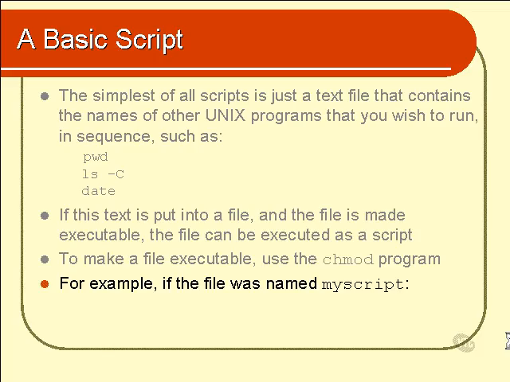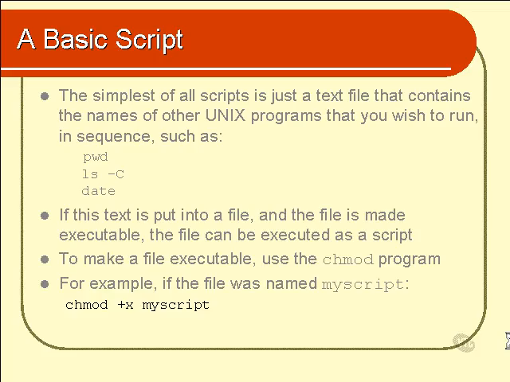This is how you do it. Let's say your script was called MyScript. To make it executable, you would type in chmod, then a space, then plus x, x for executable, and plus meaning to add executable permission, then a space, and then the name of the file that you wish to modify the permission on, which of course in this case would be MyScript.